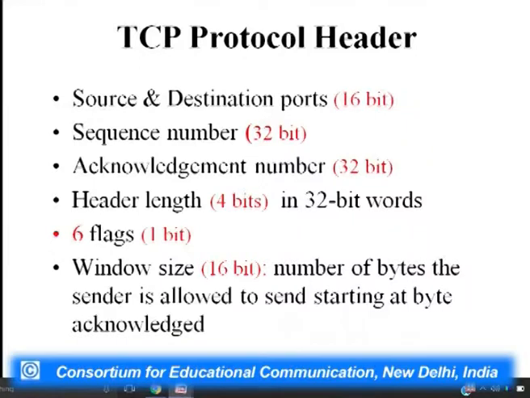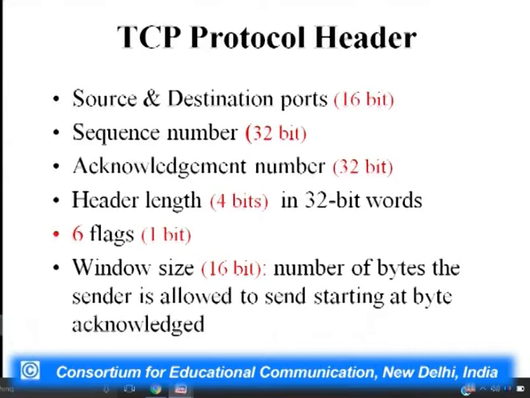That means the header length in that case is 256 bits, which is 8 32-bit words. Sorry, 32 into 8 is 256, correct. The 8 I said is a 4-bit value. So the header length is given in terms of how many 32-bit words there are.